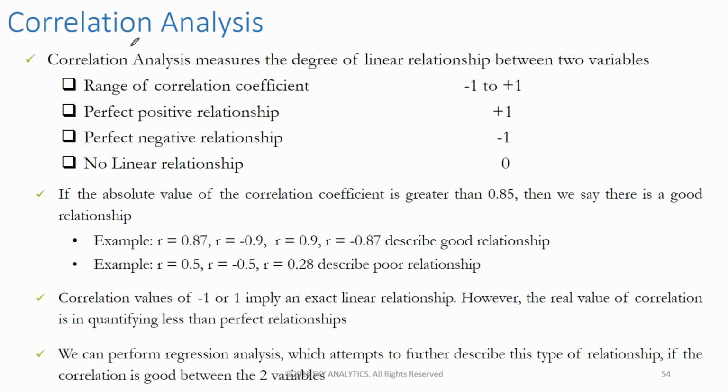If it is between 0.65 to 0.85, it is called moderate positive or moderate negative based on your sign. And if it is less than 0.65, it is called your poor correlation, whether positive or negative based on your plus or minus.